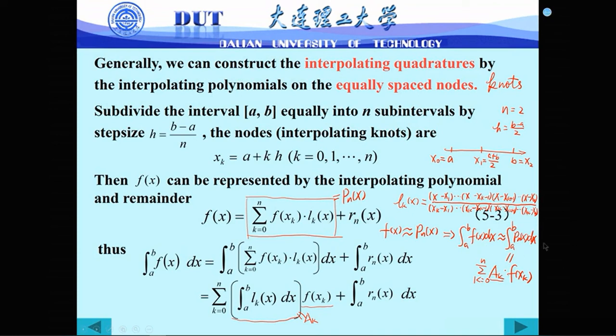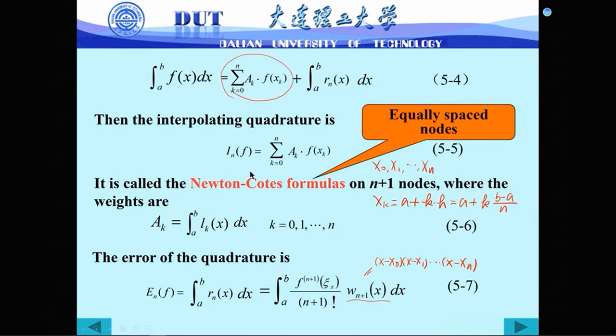And then we can transform the integral of Pn into a linear combination of some function values f(xk) multiplied by coefficients Ak. And we know each Ak is the integral of Lk(x), the Lagrange interpolation basis polynomial. Clear? And here I show you the Newton-Cotes formula, meaning we use equally spaced nodes.